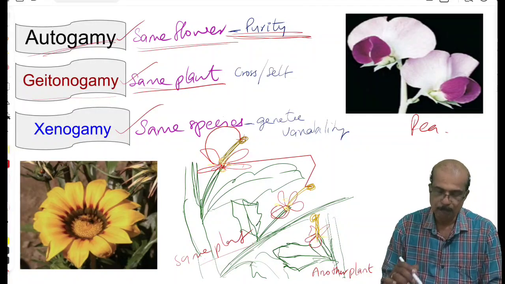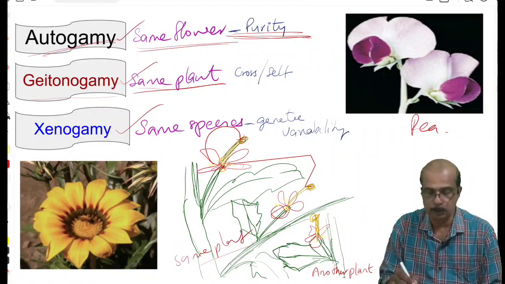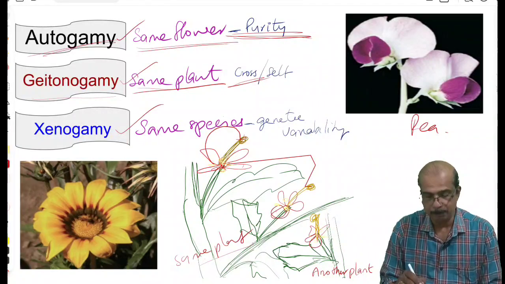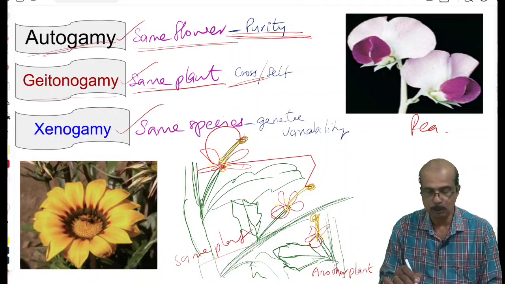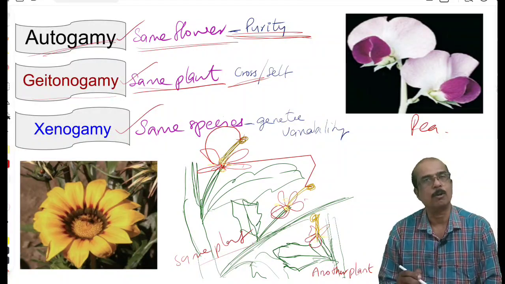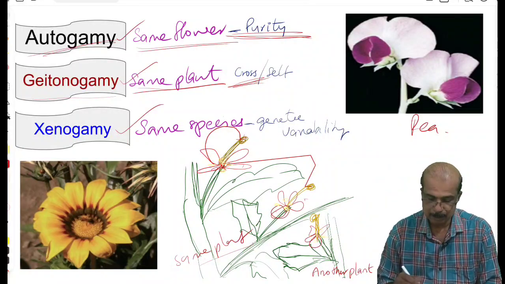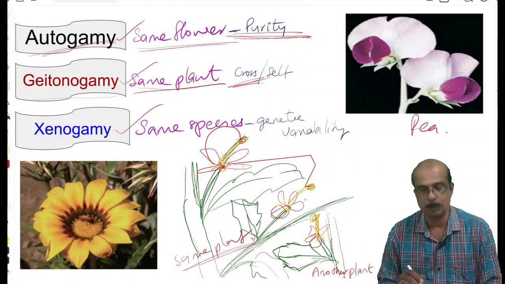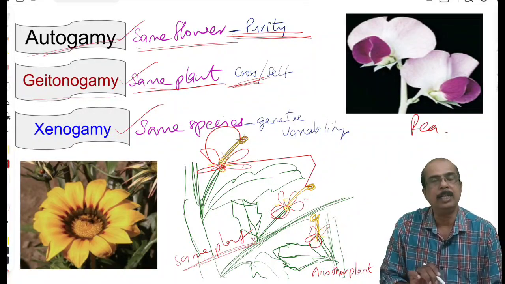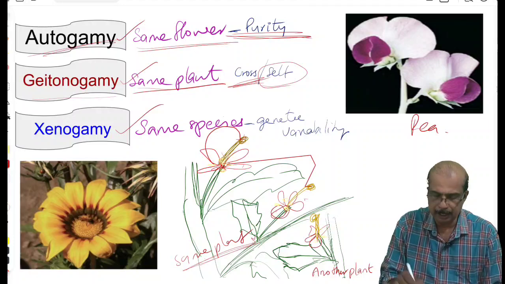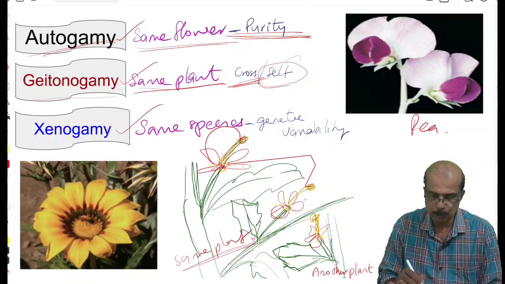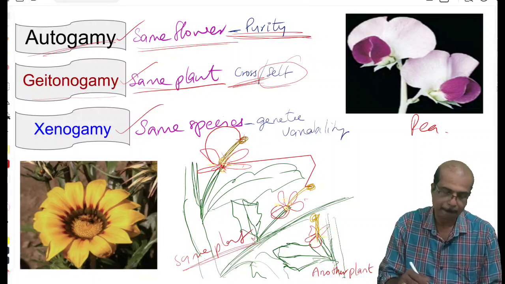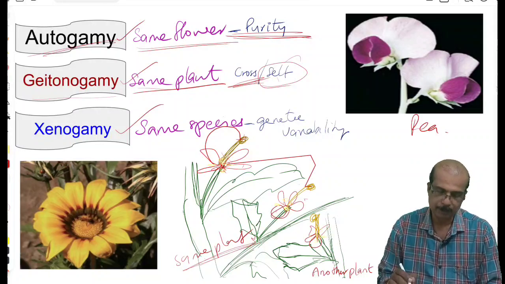That means functionally this is equivalent to cross-pollination, because pollen grains are transferred from one flower to another flower. So functionally it is cross-pollination, but it is the same plant, so there is no difference in genetic constitution. So genetically, or physiologically, it is self-pollination. That is a peculiarity of geitonogamy.